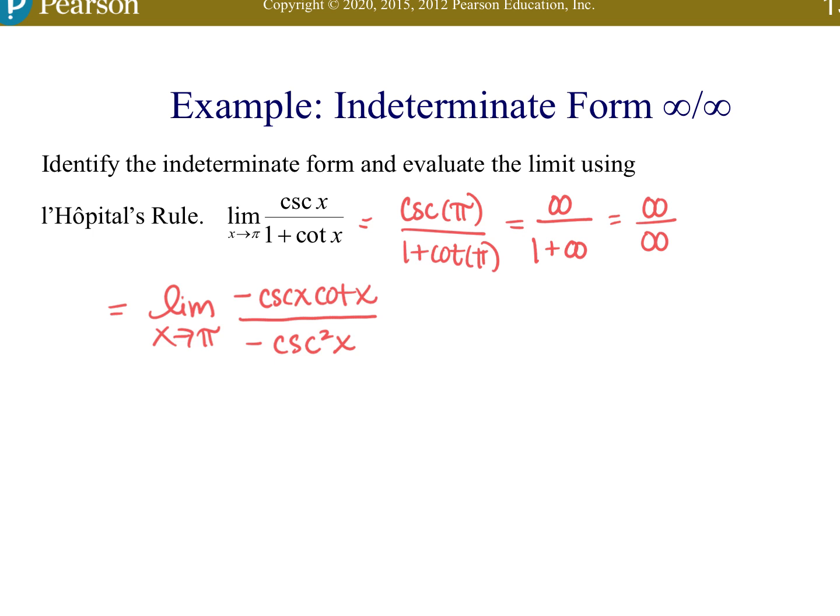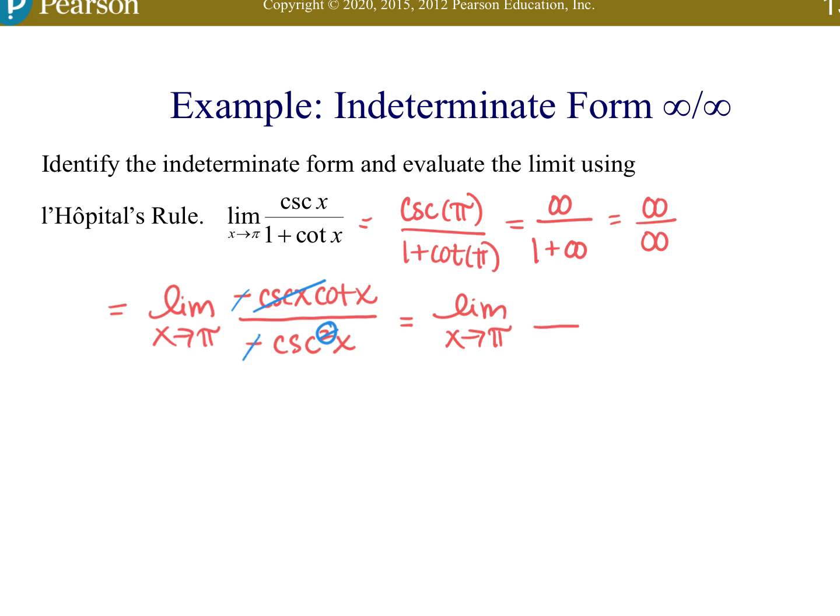At this point, you always want to look, is there anything I can do to simplify this? And you notice that the numerator does have part of a cosecant expression, and the denominator does as well. So we can do some simplifying here. So I'm going to reduce a cosecant from the numerator. I'm going to reduce the squared from the denominator, and I'm going to clean up the negative signs.